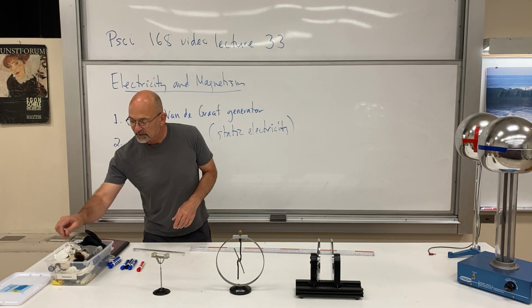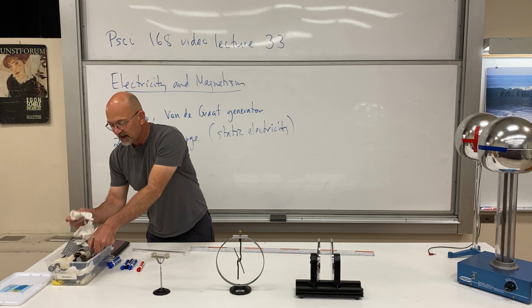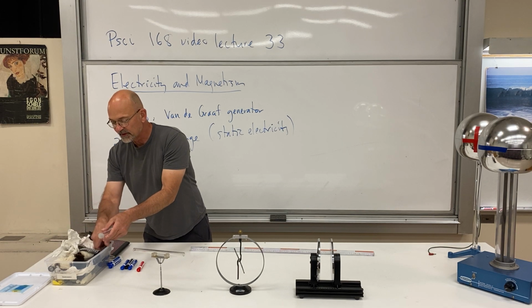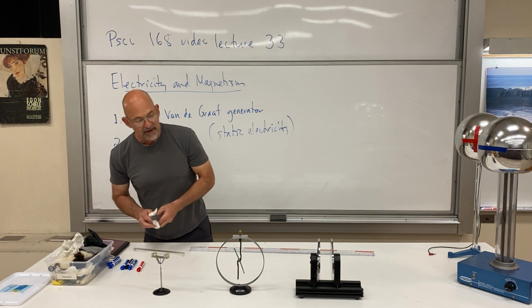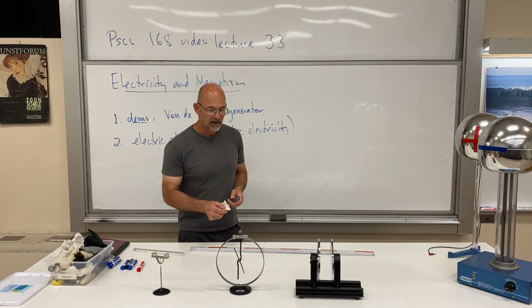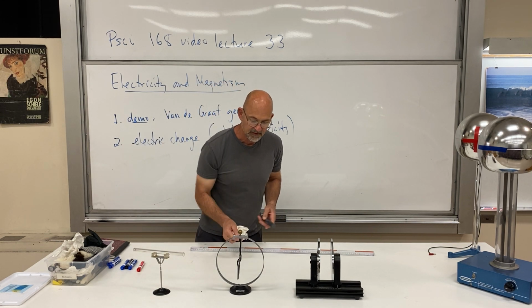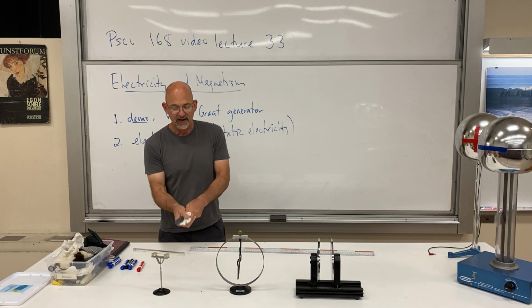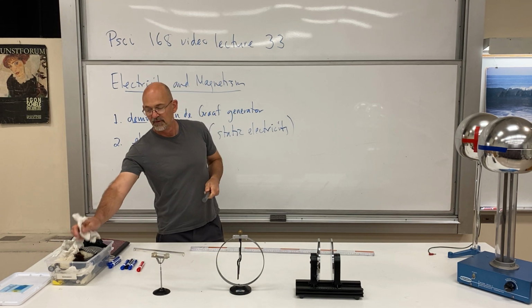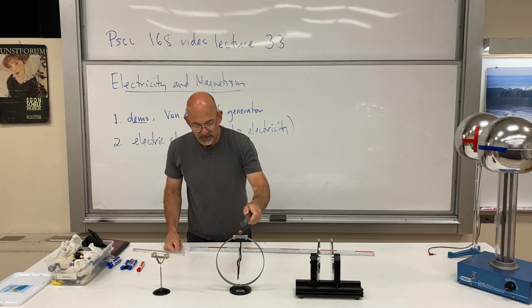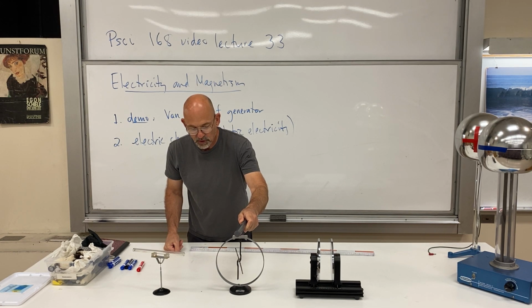And I'll start by showing that you can rub a piece of plastic, and here let's get this thing discharged. You can rub a piece of plastic and you can think of the static electricity that you get when you pull clothes out of the dryer, for instance.